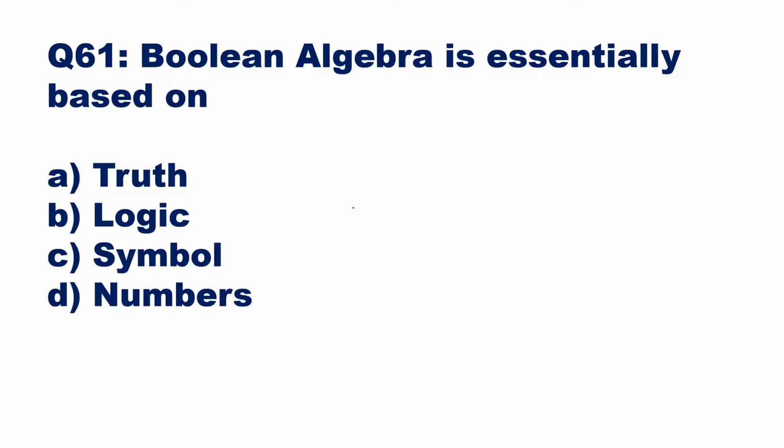Question number 1, that is question number 61. Boolean algebra is essentially based on: truth, logic, symbol, or numbers.